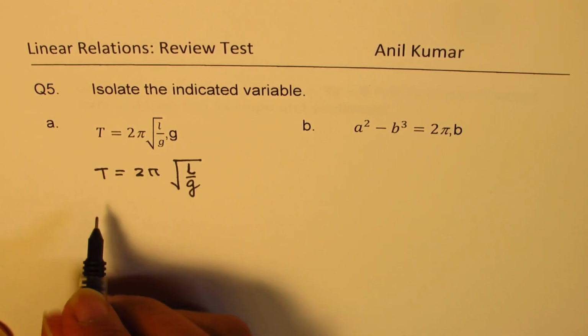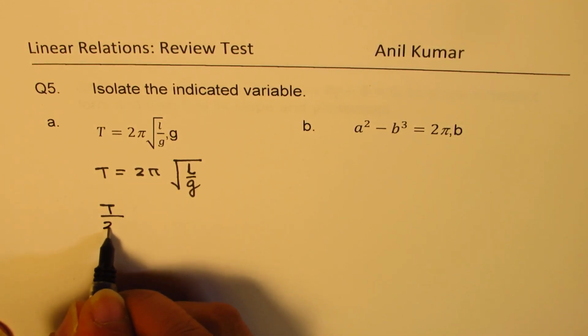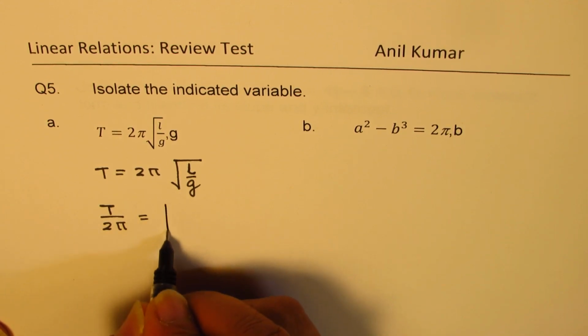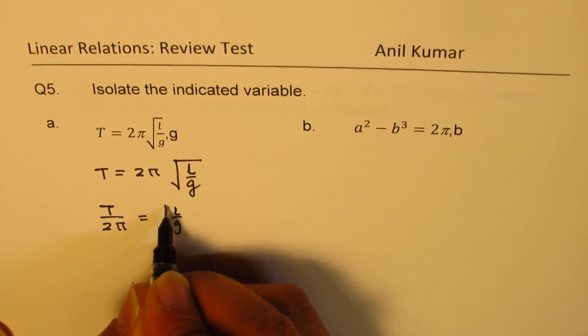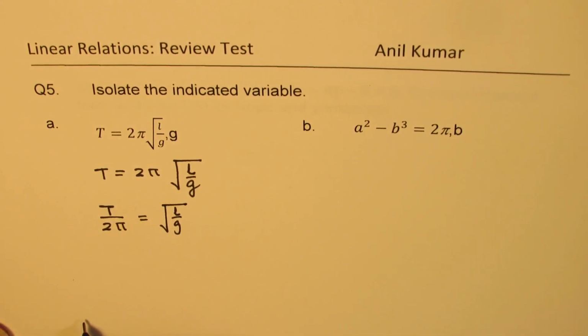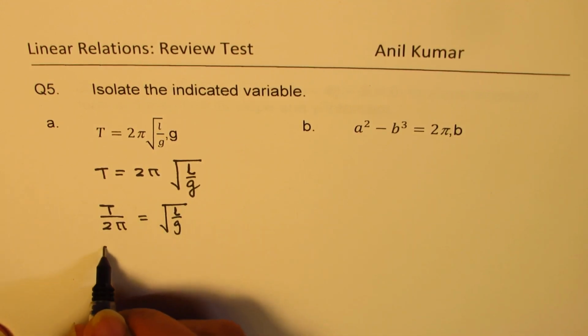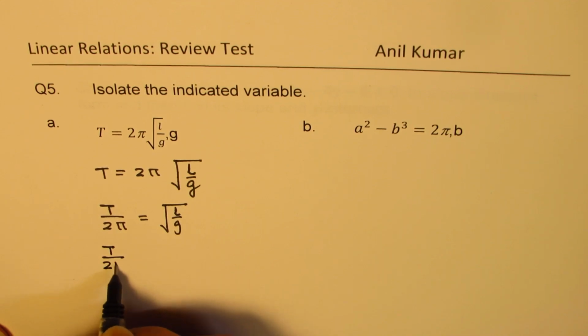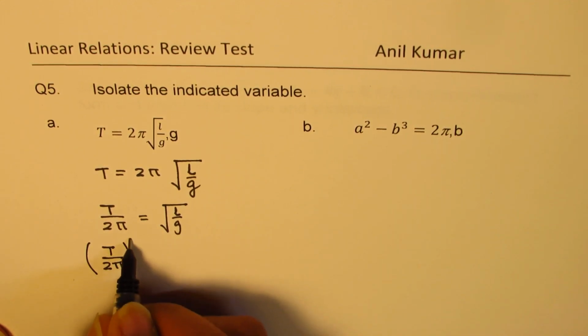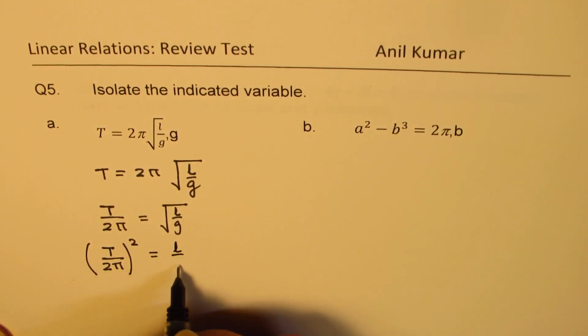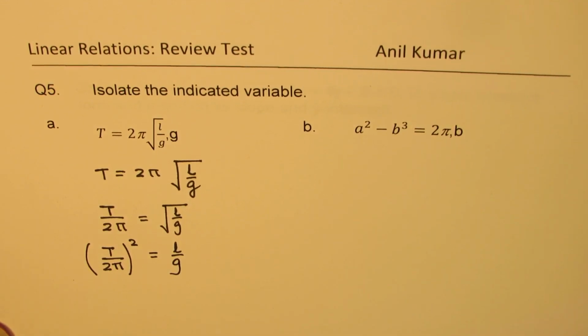Now we can divide by 2 pi, so we get T over 2 pi equals square root of L over g. Right? Now we could square to take care of this. So we get T over 2 pi whole square equals L over g. Right?